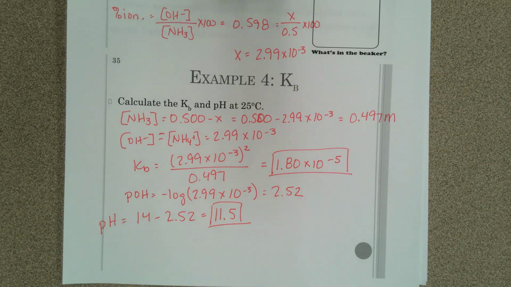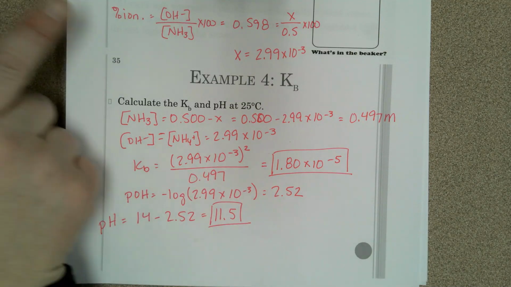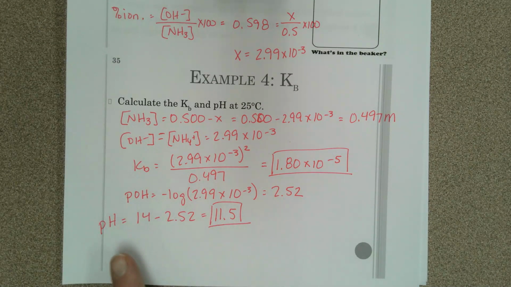Now, when you're doing these types of problems, make sure that you're checking back and thinking, okay, does this make sense? A lot of times with these types of problems, especially if it's multiple choice, be looking at answers that are completely off base. We know that this is a weak base, so our pH has to be greater than 7. If you have a pH answer that's less than 7, that's acidic.